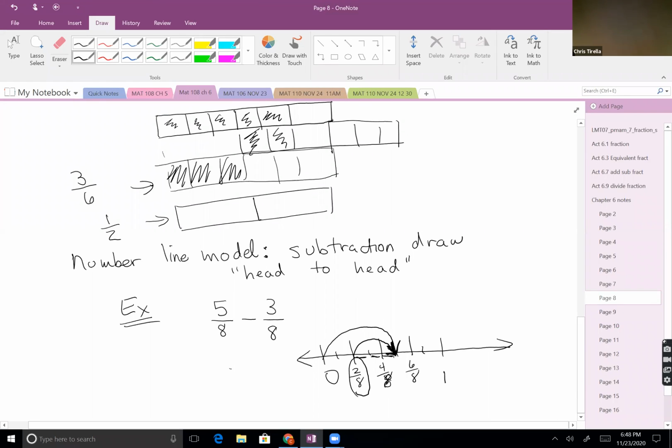And we'd see that that difference would be my 2/8. So far, so good. Any questions on any of those representations? Are we good?